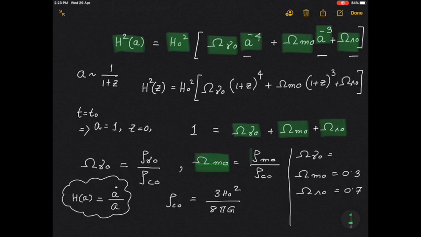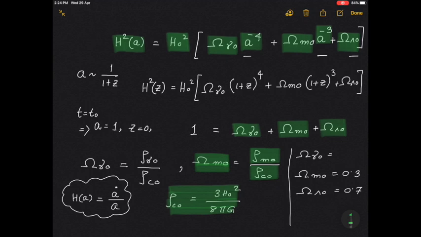Omega matter naught, for example, is the ratio of the matter density at present compared to the critical density at present. And remember, the critical density is the density for which the spatial part of the universe will be flat, which is what will give you the FRW metric that we talked about. So this is the definition of the critical density.